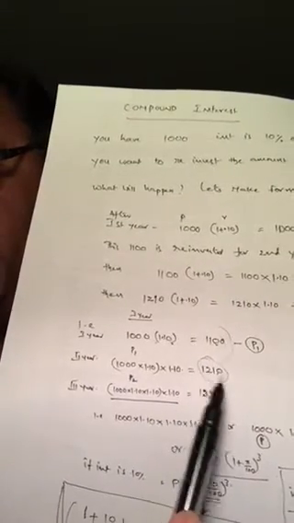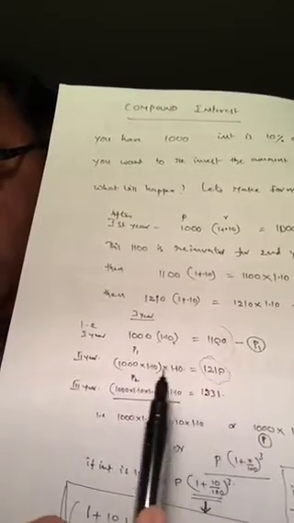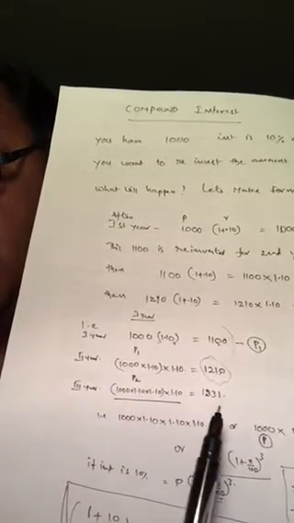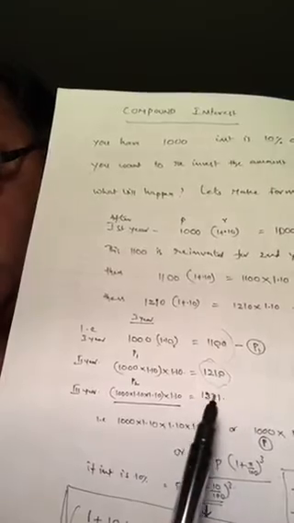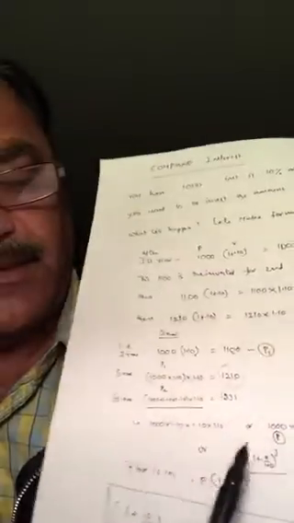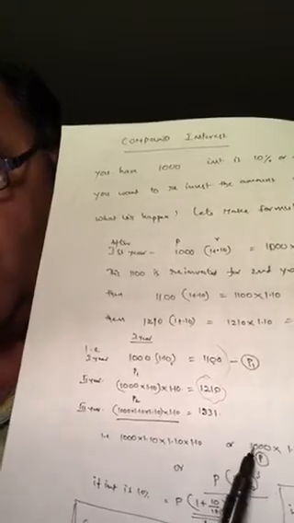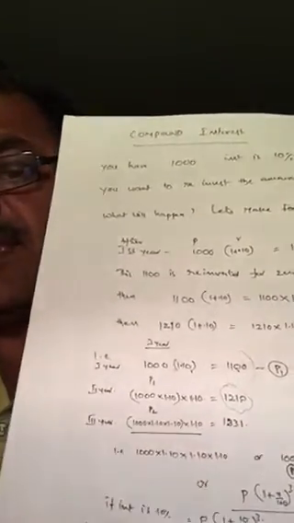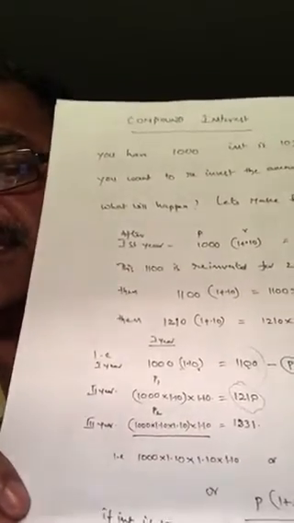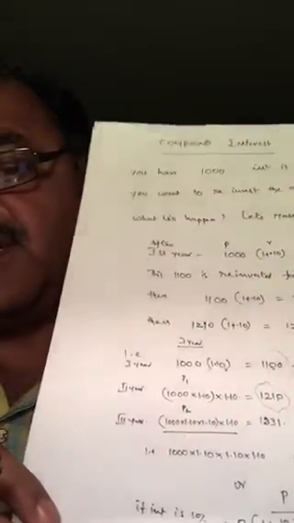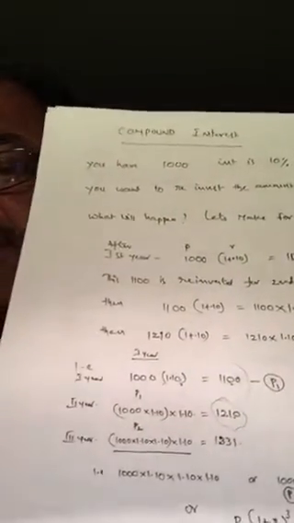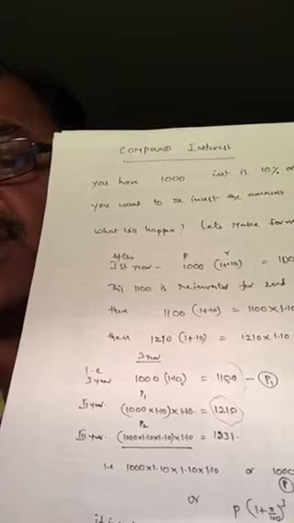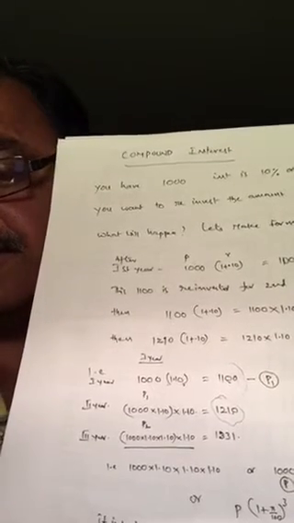If it is 4, we will have 4 times multiplication of the principal amount. So this power represents time. The figures in the bracket are 1 plus R, and the principal. So in compound interest, the future value formula is FV is equal to P into, within brackets, 1 plus R to the whole power of T, time.